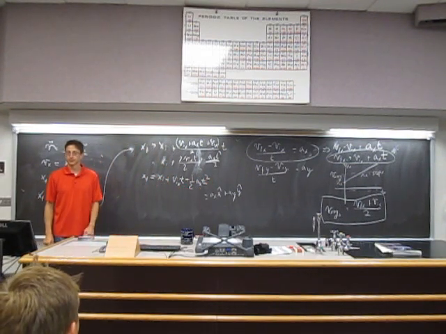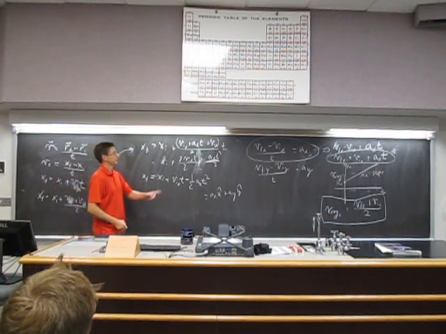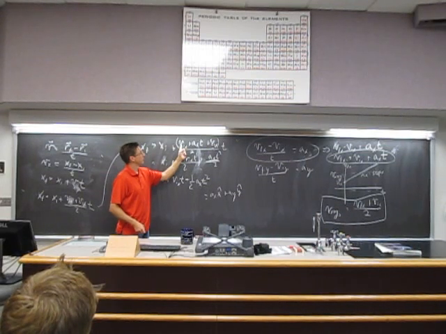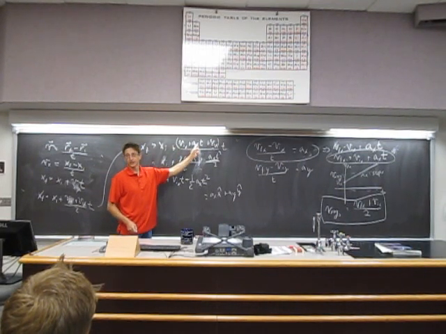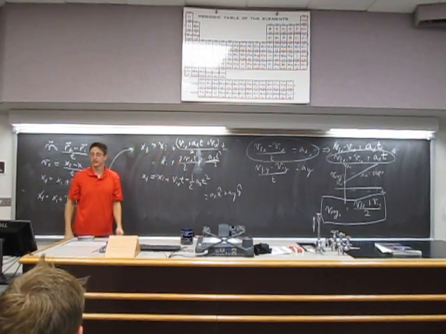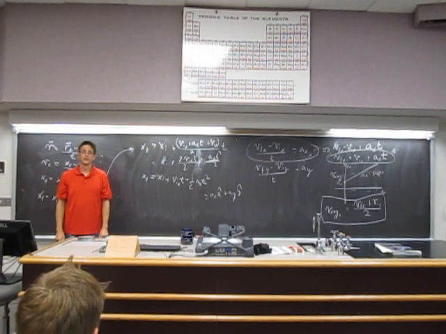Where did the square of t come from on the second one? My final x velocity was initial x velocity plus acceleration times time, and I have to multiply all of this by time, so it became a t squared. Okay, sure.